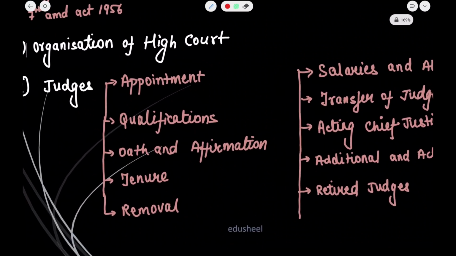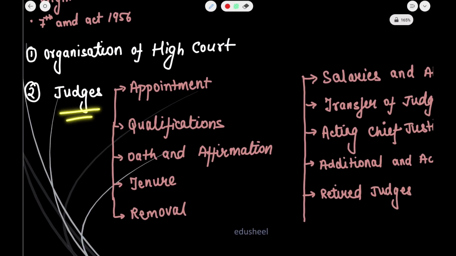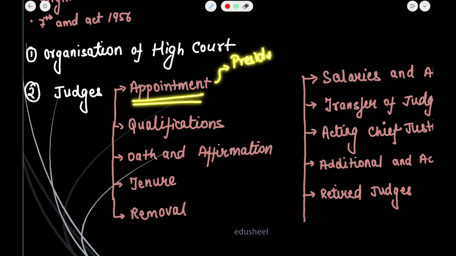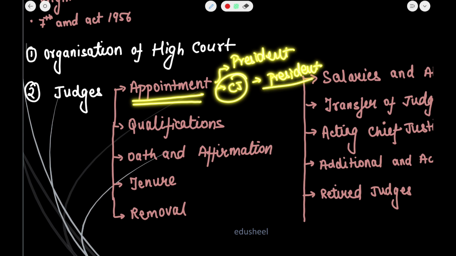Now, what about the appointment of judges? The judges of the High Court are appointed by the President. This I think you will know. Then the Chief Justice of the High Court is appointed by the President after consulting the Chief Justice of India and the Governor of that state.